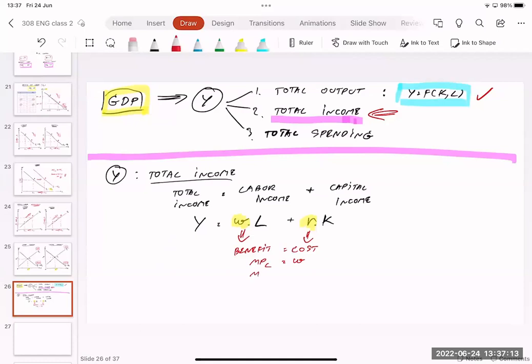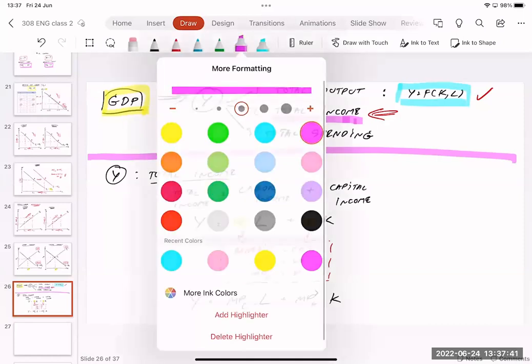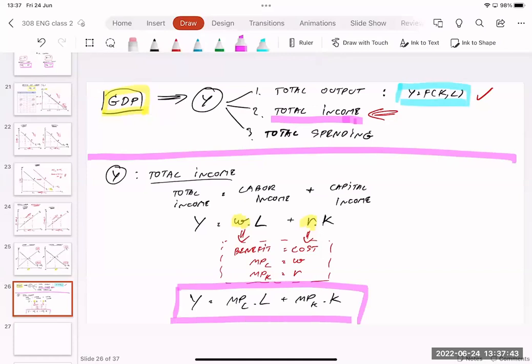For capital, the benefit is MPK and the cost is small r. So I can simply replace small w with MPL, and I can simply replace small r with MPK. So in the end, I get the equation like this: small y equals MPL multiplied by L plus MPK multiplied by K. This is what I want. So that's so good.